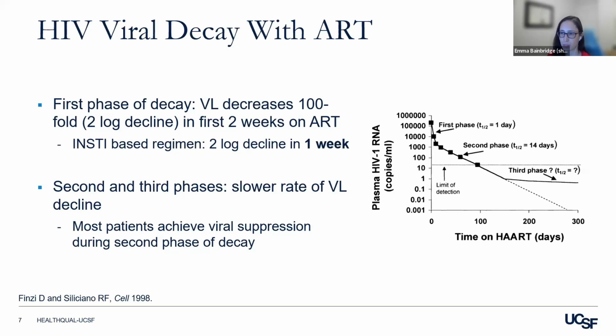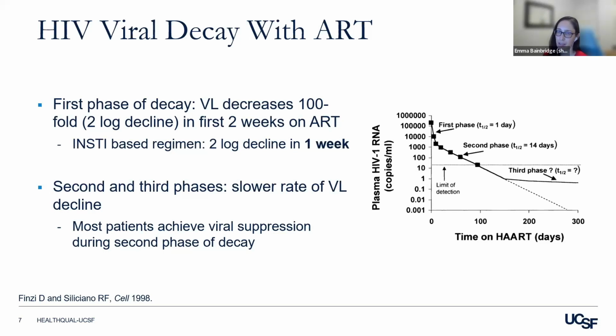That's also sometimes called a 2-log decline in the first 2 weeks of being on ART. And this actually happens even faster with more potent ART regimens. So in particular with integrase inhibitors, we expect that 2-log decline to occur maybe even in 1 week.